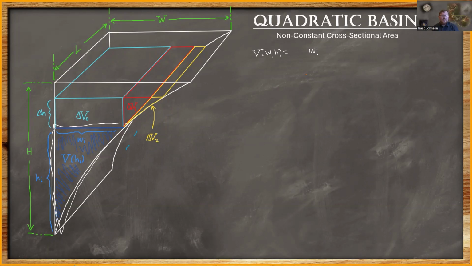So I'm asking if I fill up the basin to a certain height, H, how much total volume is going to be in there? I heard width initial, I think that's good, right? Width initial is going to clarify how wide the water is at the top.